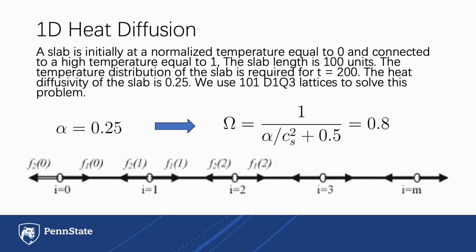It has 10 units of length and we want to find the temperature distribution at time step 200. For this specific case, we are going to have a heat diffusivity of 0.25 and we're going to use 101 D1Q3 lattices to solve the problem.